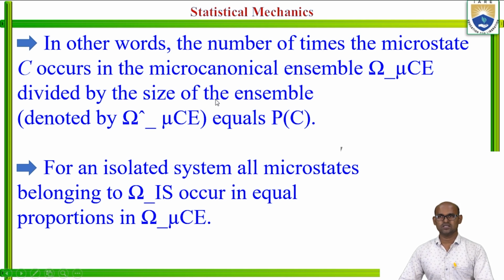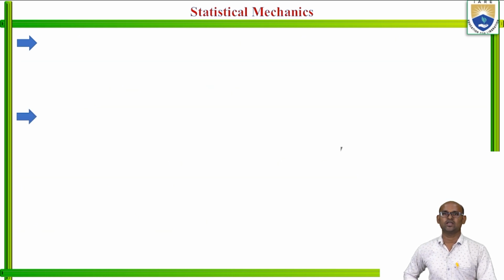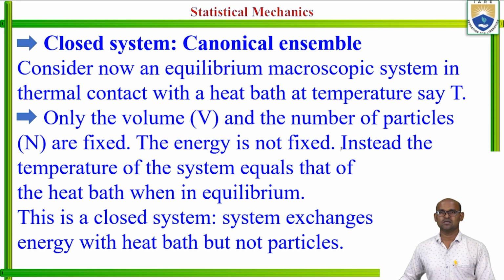In this microcanonical ensemble, any microstate C is going to appear as many times as to reflect its probability P of C. For an isolated system, all the microstates occur in equal proportion, because all the microstates are equally probable and all the microstates have equal energy. So that is the construction of a microcanonical ensemble for an isolated system.